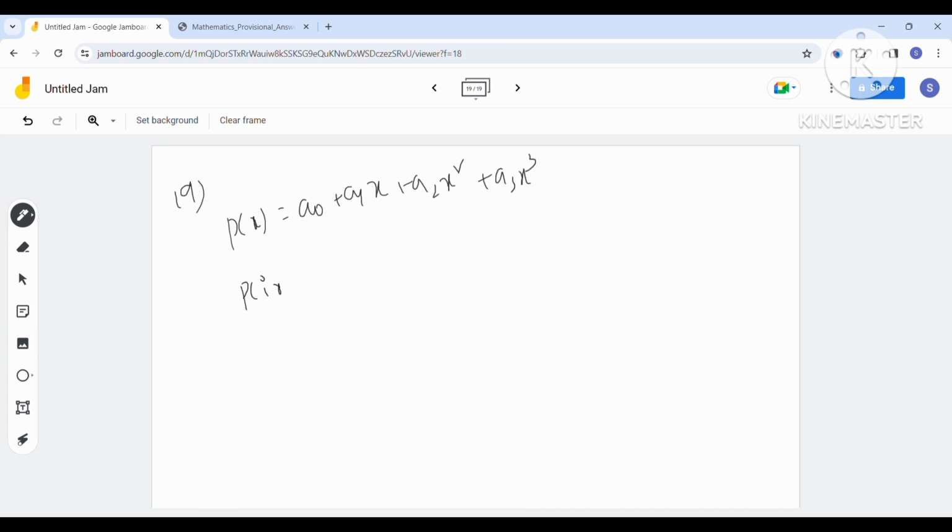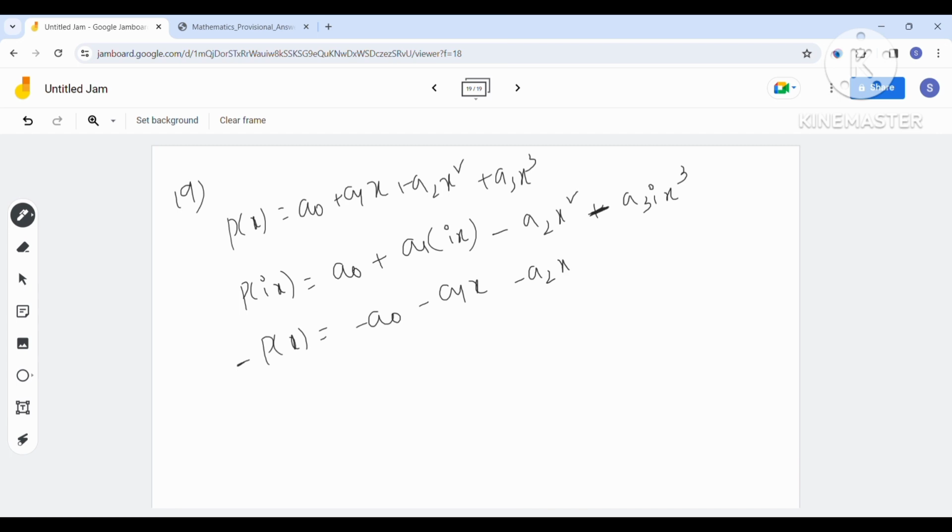Then p of ix is a0 plus a1 times ix minus a2x square minus a3 ix cube, and p(x) and minus p(x) equals minus a0 minus a1x minus a2x square minus a3x cube.